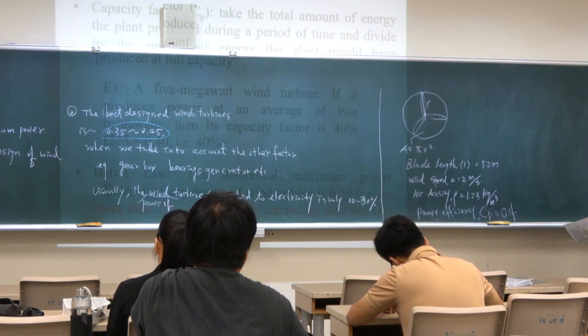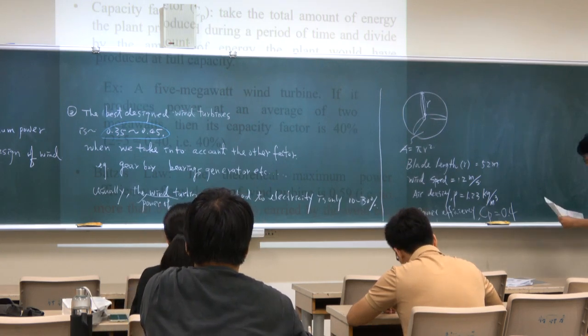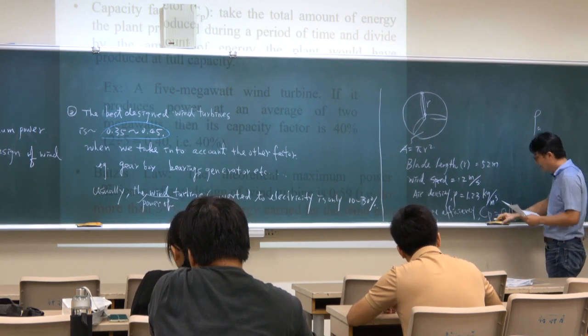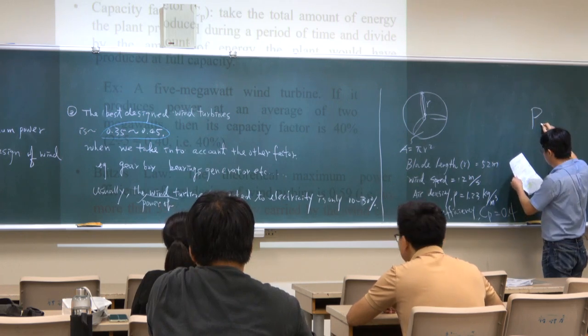Okay, this is based on the turbine's parameters. Okay, and then you can get the average power, power available.